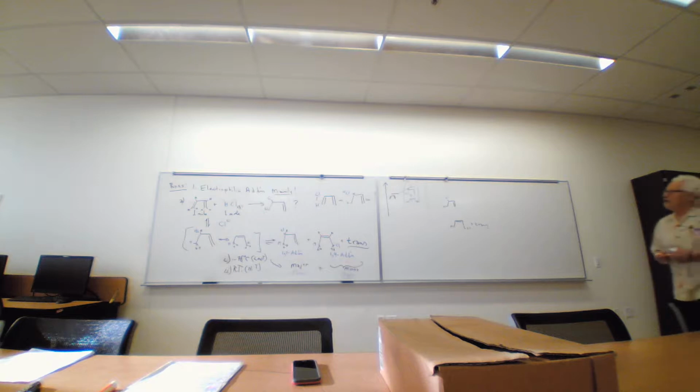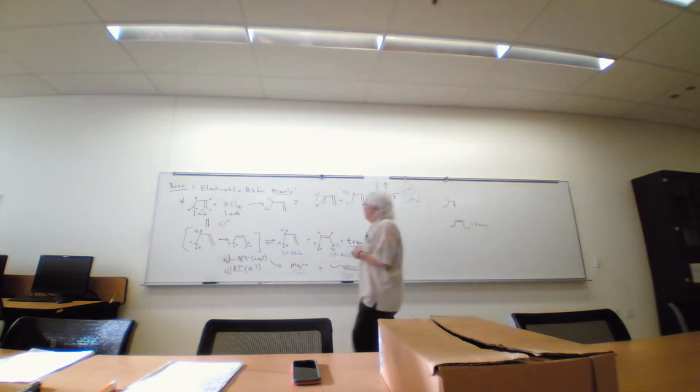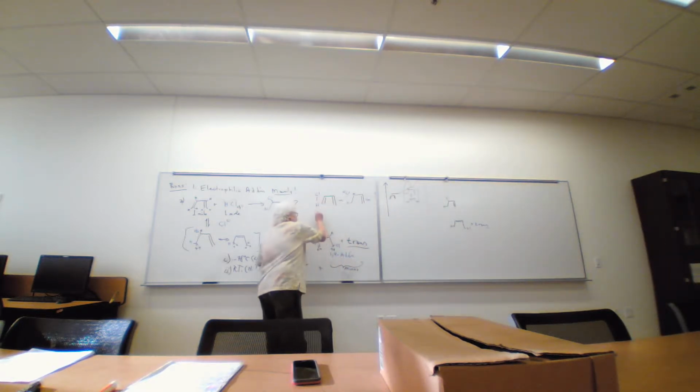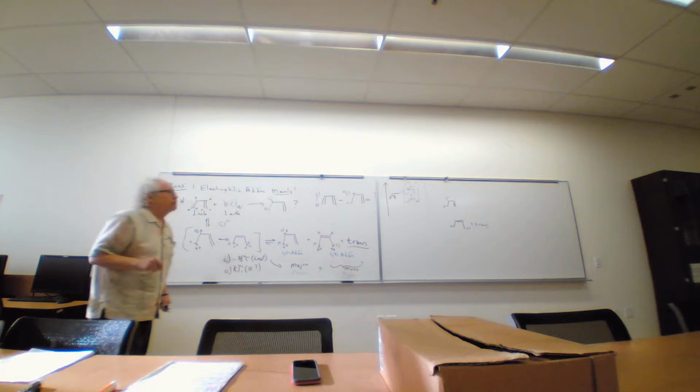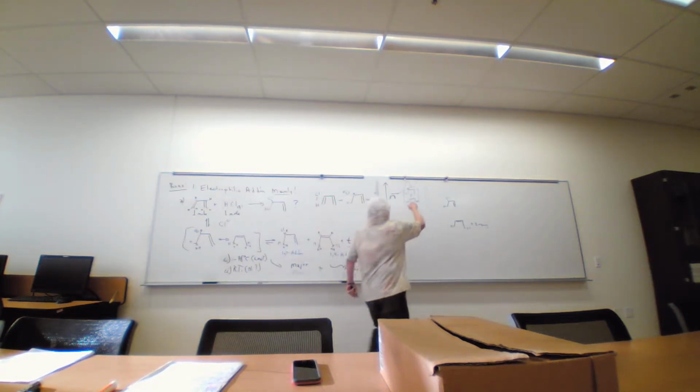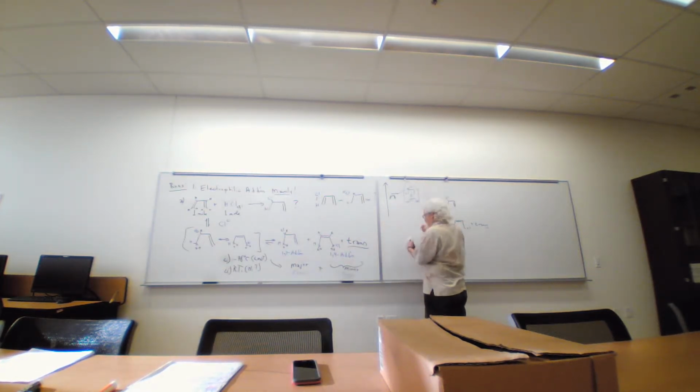So what's the point here? The first point is kinetic energy. I need kinetic energy to make stuff happen. Where is the kinetic energy involved? Right here. So I have a certain energy of activation required to do that step. But that's easy.